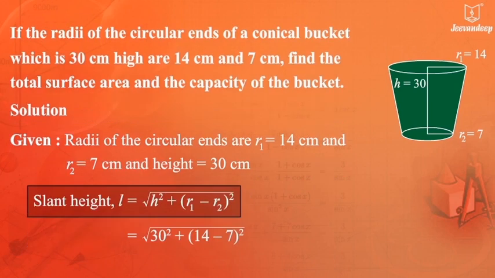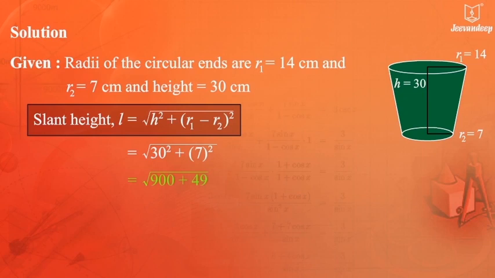Putting the values in the formula, we get square root of 30 square plus (14 minus 7) whole square, equals square root of 900 plus 49. Therefore, slant height of the bucket equals root 949 centimeters.